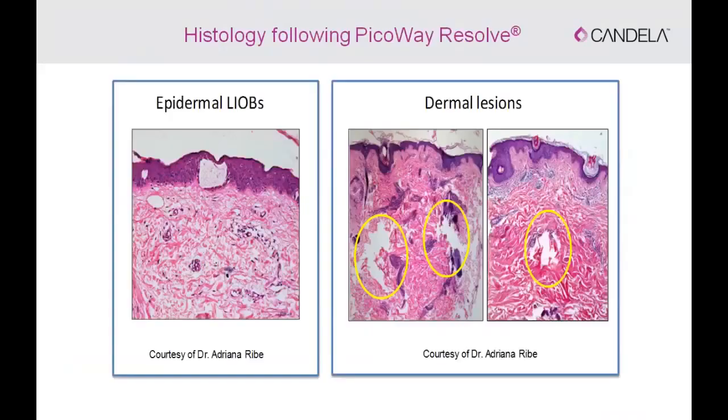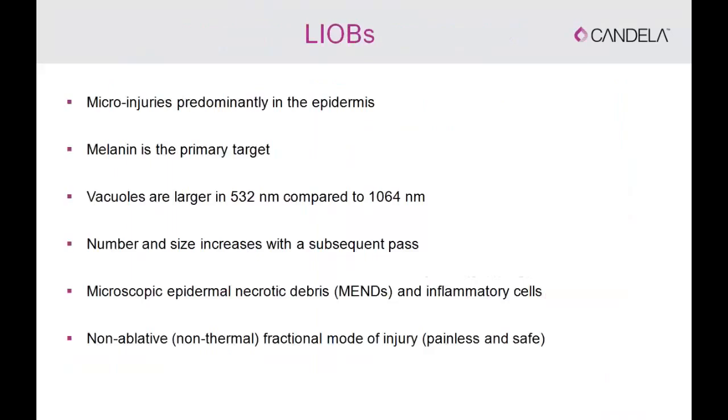And what these LIOBs do is trigger a wound healing process in a non-ablative way, and that wound healing process has been shown to lead to better collagen and elastin formation. So it is a non-ablative, controlled way of injuring the skin, predominantly in the epidermis.